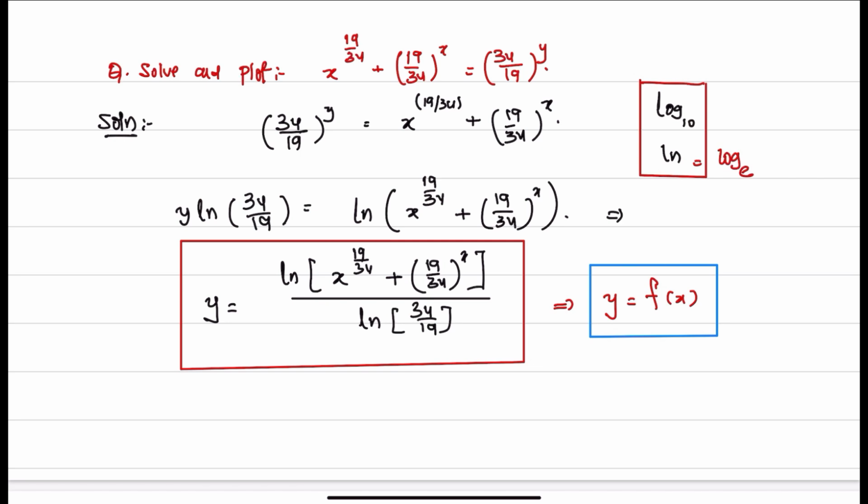Now, we have to find for what values of x we will get a definite value of y, and how the curve varies with x. We have to plot it. This is the answer for the relation between x and y.